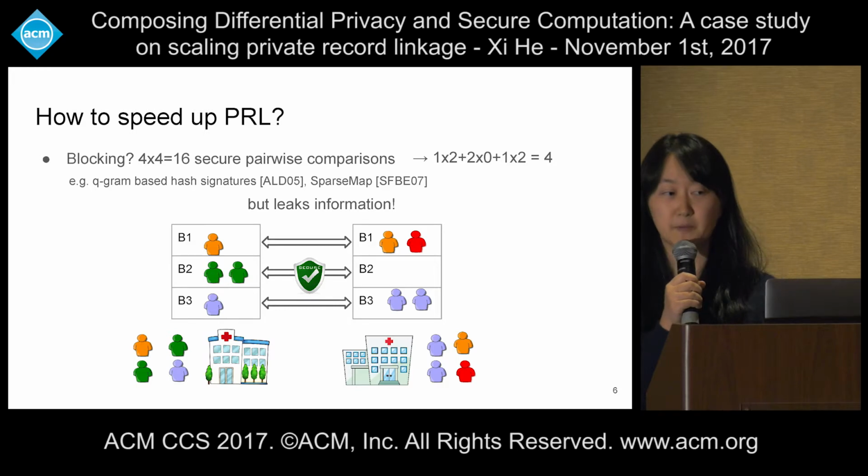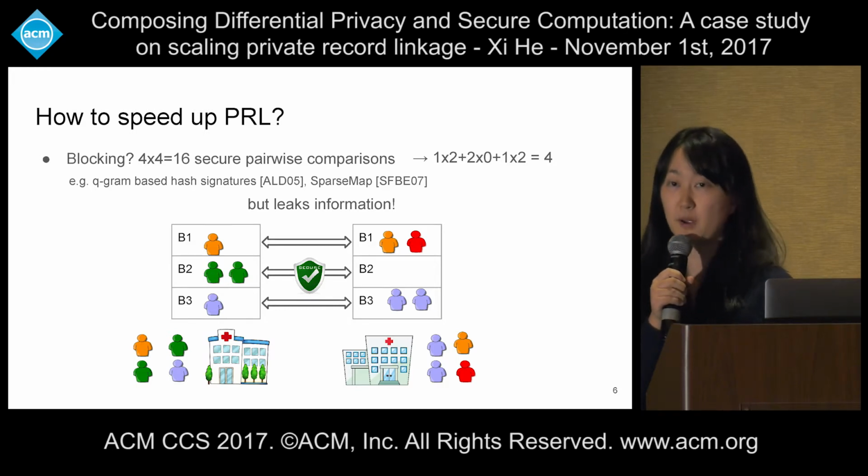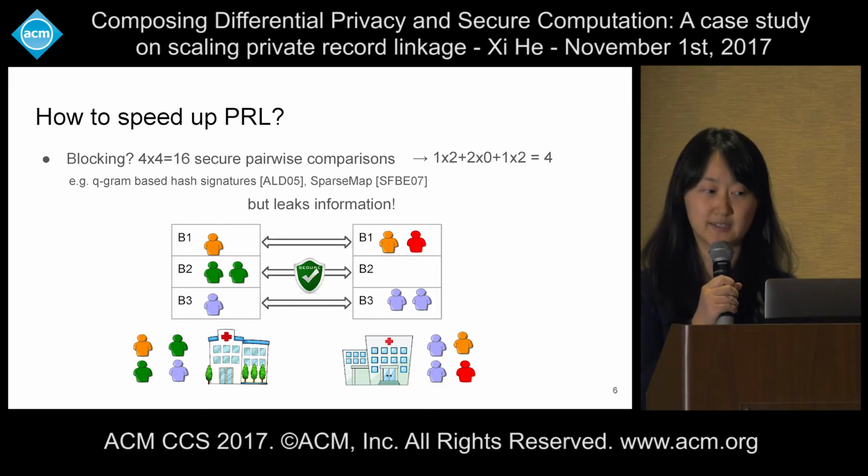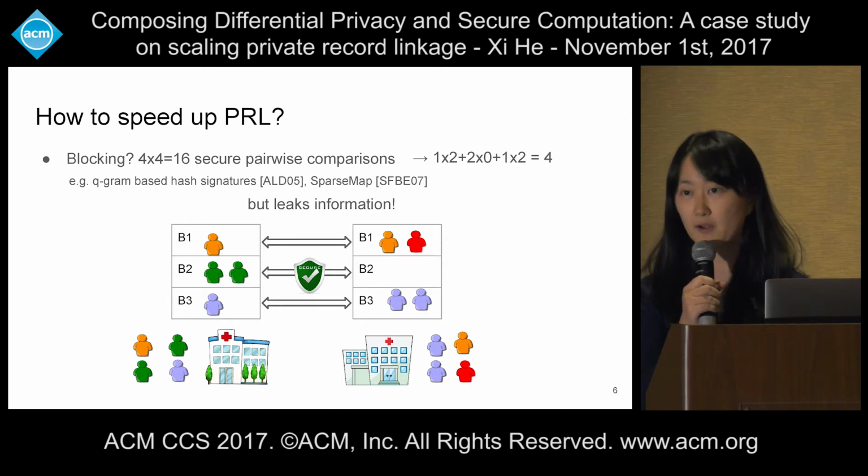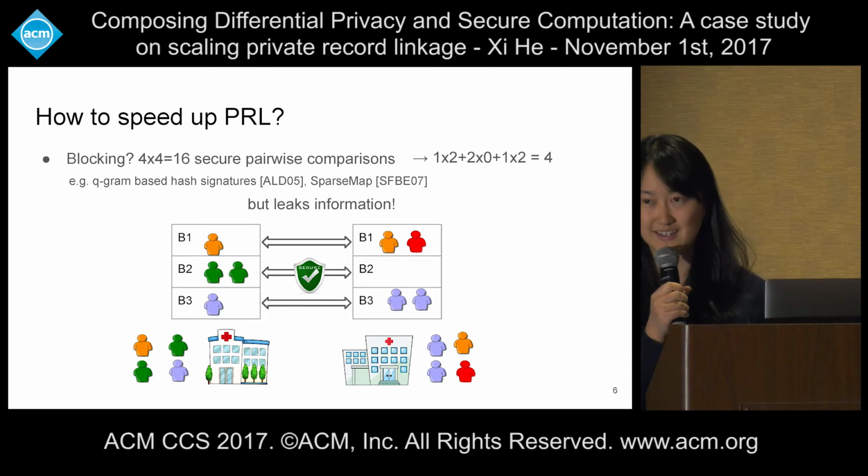We can see that this approach reduces the number of secure pairwise comparisons from 16 to only 4. So this is a great reduction in the number of secure pairwise comparisons.